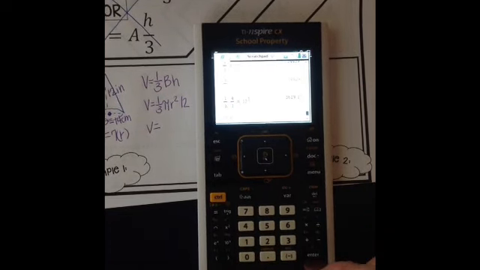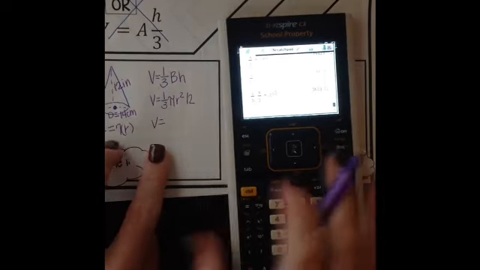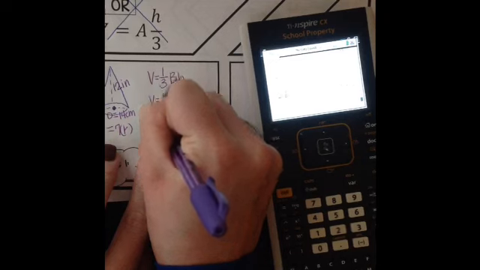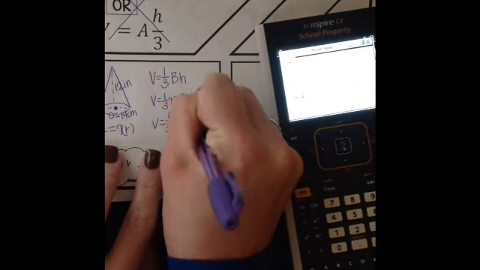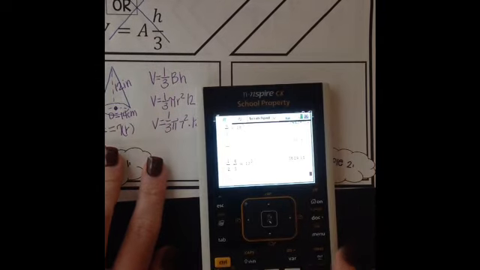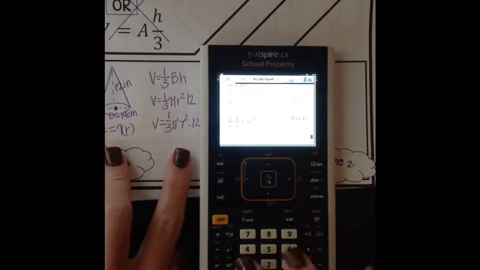Pi, our r, in this situation, is now 7. So we should have 1 over 3 pi, and then 7 squared times 12. So that's how we're going to put it in. So we are going to now enter our 7 squared. Remember, your squared button is right here below the trig button. And then we will multiply that times 12.